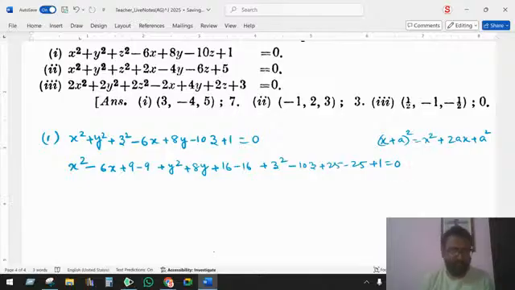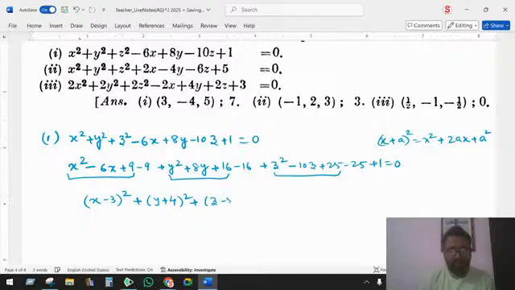So this is one term, this is one term, this is one term. It will be x minus 3 whole square plus y plus 4 whole square plus z minus 5 whole square, minus 9 minus 16 minus 25 plus 1, which is minus 49, is equal to 0.